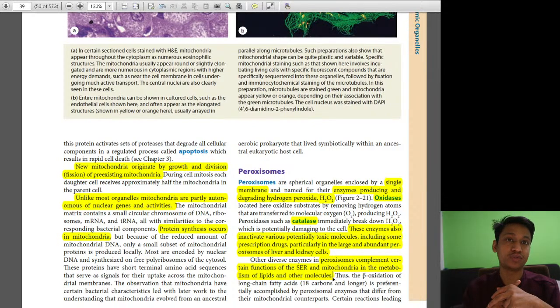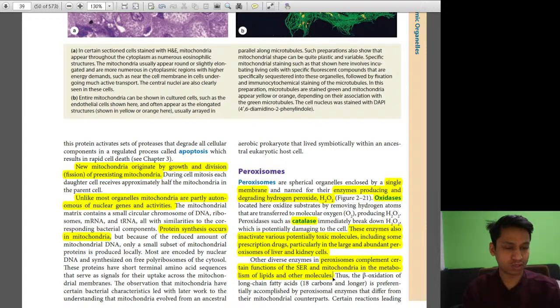Degradation and detoxification are also functions of the smooth endoplasmic reticulum. And the function of mitochondria, as we just read, is production of ATP through oxidative phosphorylation in the form of aerobic respiration. One more important function of the mitochondria is that it secretes cytochrome c that eventually leads to apoptosis.